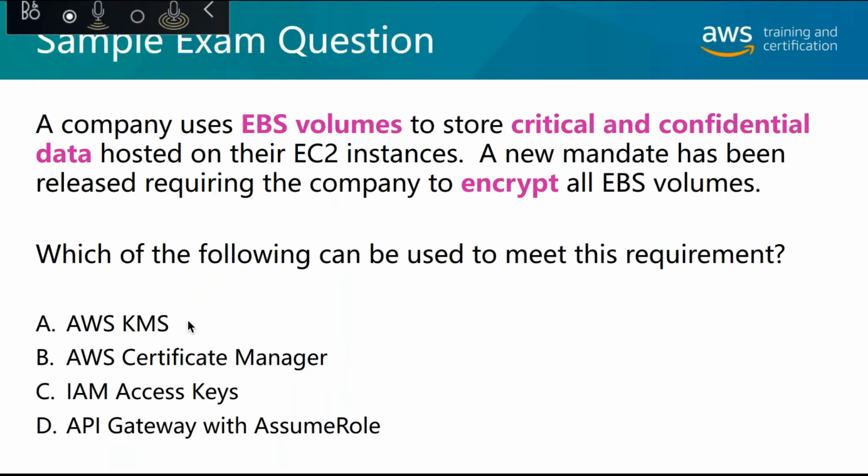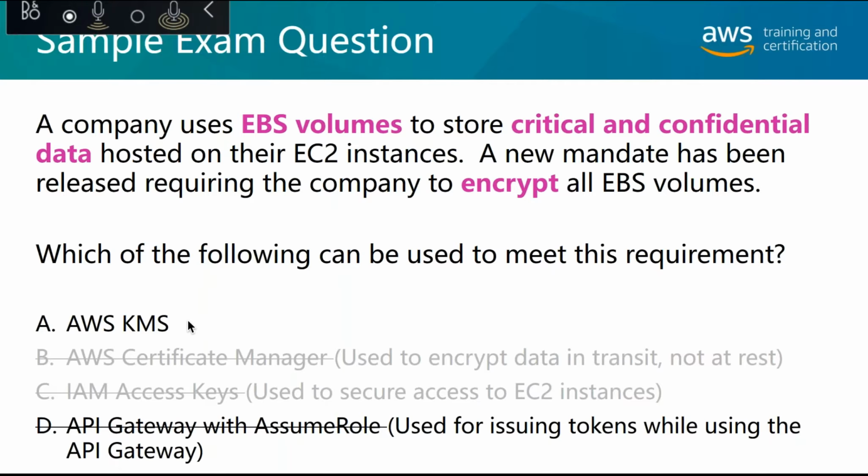So remember that when it comes to encryption, you have data that is encrypted, but you also have the concept of keys, right? So the best way to encrypt the data is to say, I want server-side encryption, or I want to enable encryption on that EBS volume.